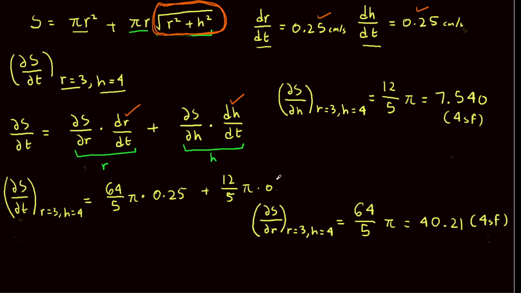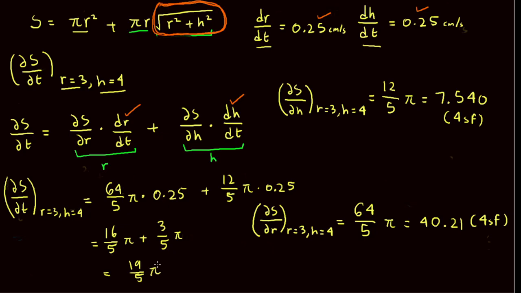Okay, so what's the answer? If I were to compute this together, 64 over 5 pi times 0.25, we get here 16 over 5 pi, plus 12 over 5 pi times 0.25 is going to be 3 over 5 pi. So the total answer should be 19 over 5 pi.